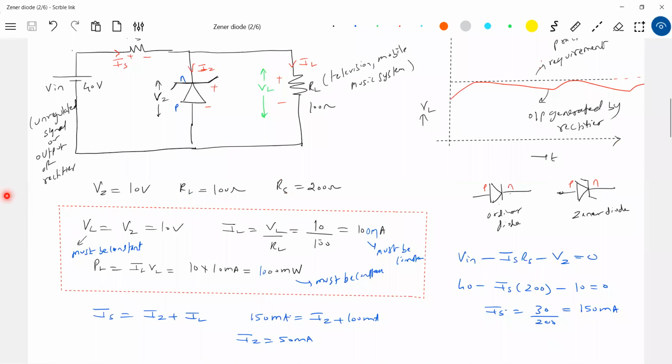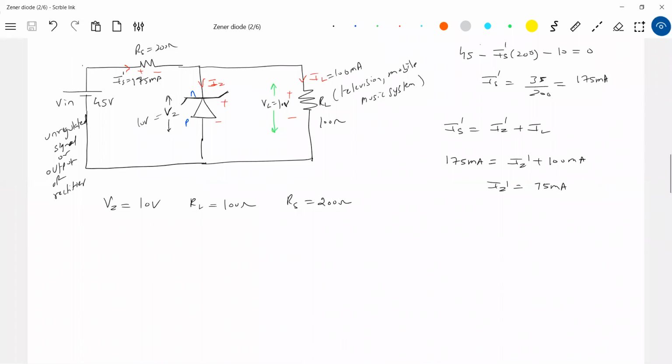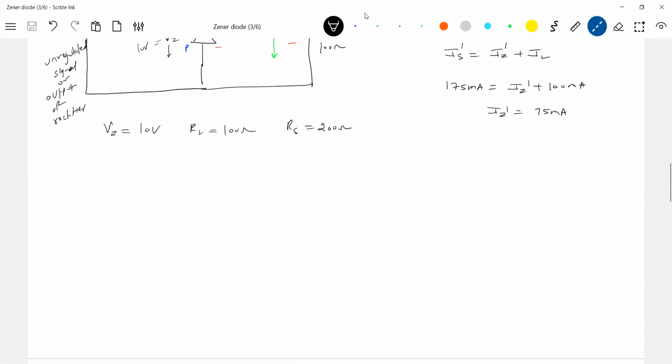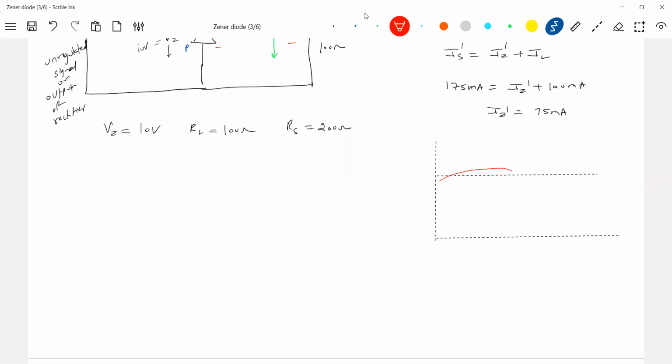Practically what will happen is, here I think I'll give one still better graph. This is the needed voltage, and the actual voltage will fluctuate like this.